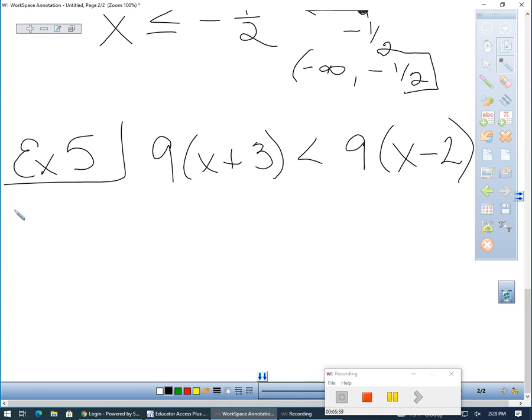All right, so first we distribute. You guys are right. So 9 times x is 9x. 9 times 3, 27. Less than, over here, 9 times x is 9x. 9 times negative 2 is negative 18. Now what do we do?